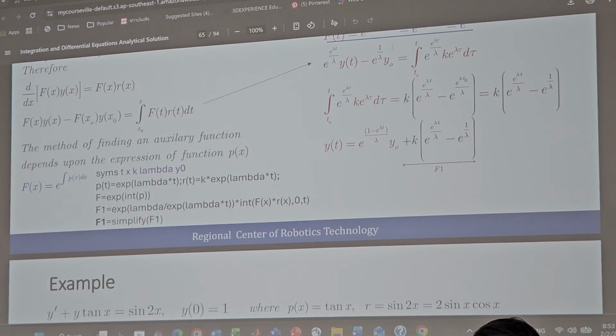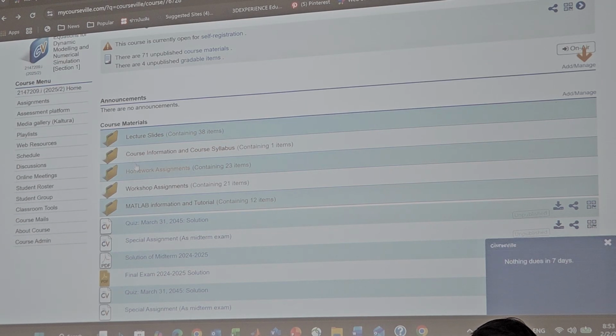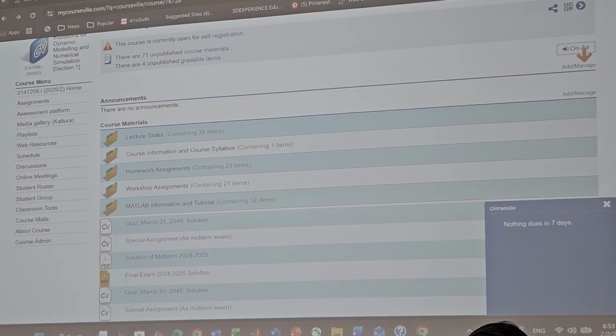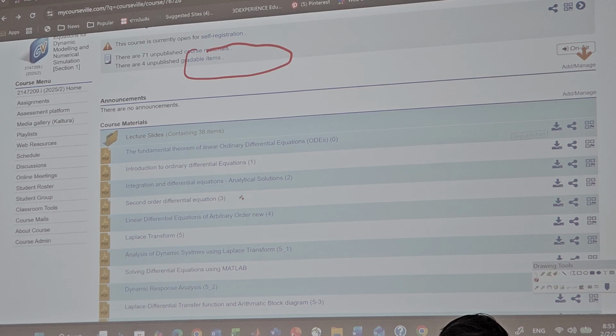Okay, so for the second one, now second order and arbitrary order. You have second order.